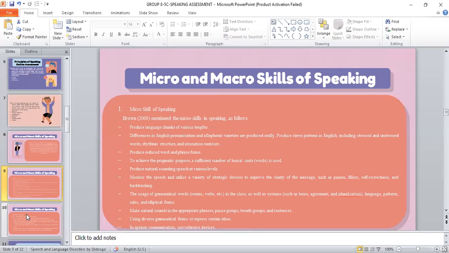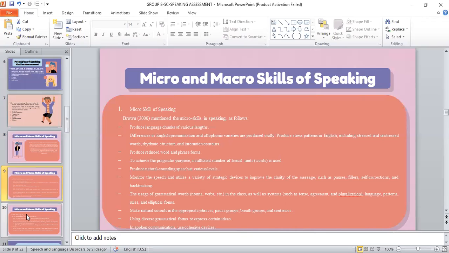Next is to make speech sound more natural in appropriate phrases, pause groups, breath groups, and sentences. And the next one is to use diverse grammatical forms to express certain ideas. Last but not least is to produce spoken communication using cohesive devices.